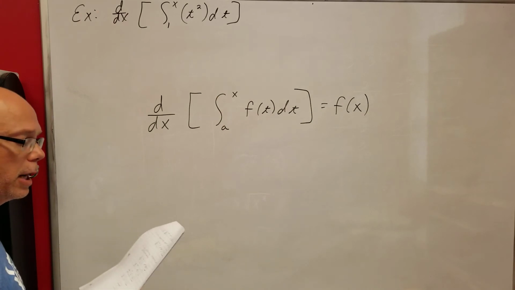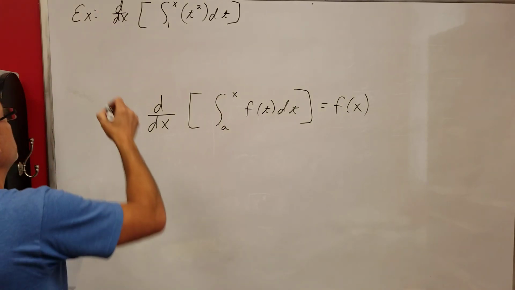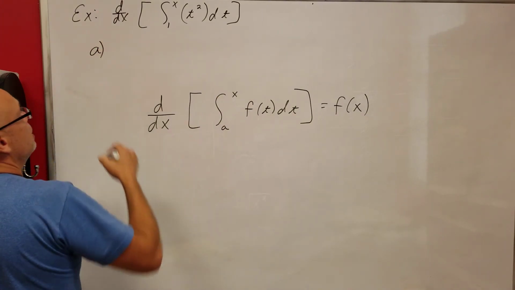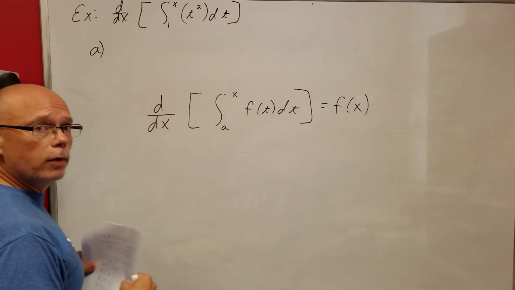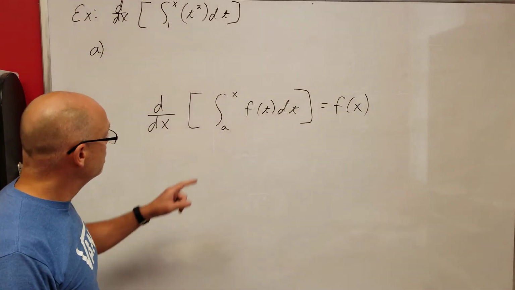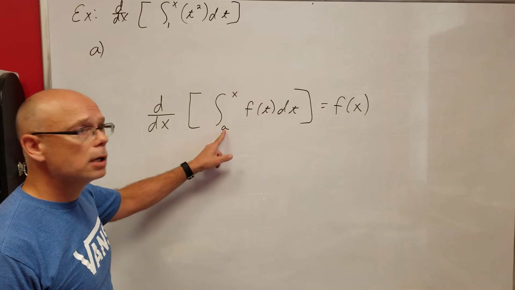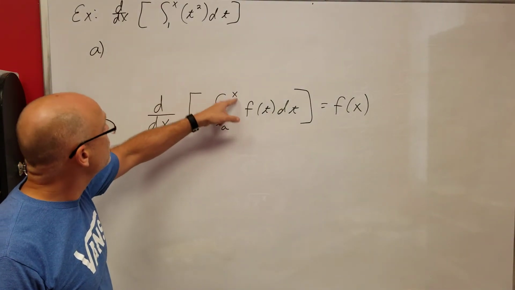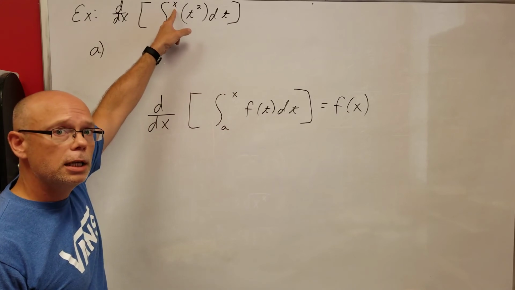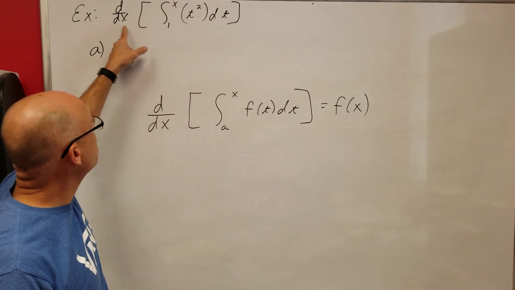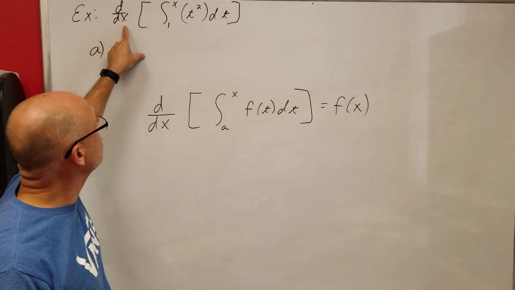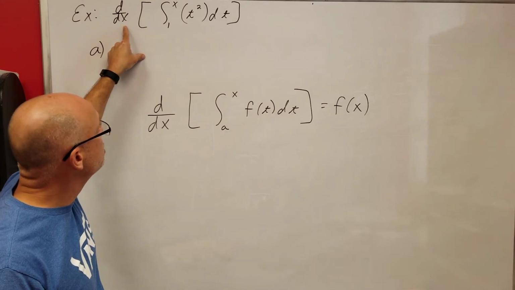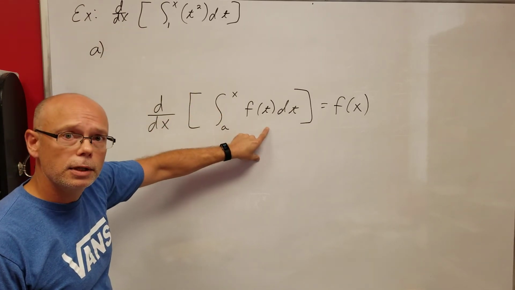Part A, by applying part 2 of the Fundamental Theorem of Calculus. So if I apply part 2, do I have a constant as my lower limit of integration? Yes. Do I have a variable as my upper limit of integration? Yes. Is that variable the same as what I'm taking the derivative with respect to? Yes. So what does this tell me I can do then?